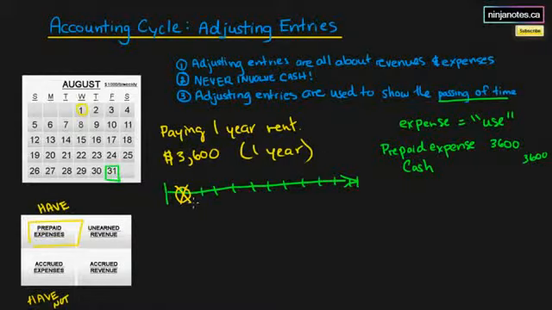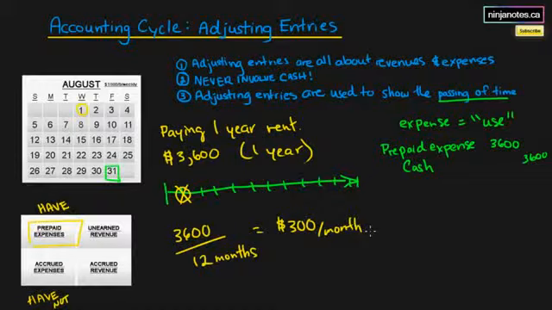So we're going to take the 3,600 and divide it by 12 months, because this is for an entire year, and August was the first month of our lease, and that would be $300 a month.